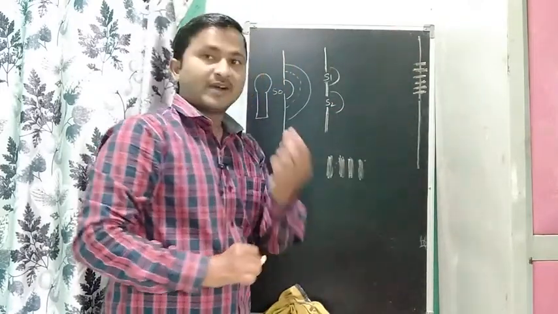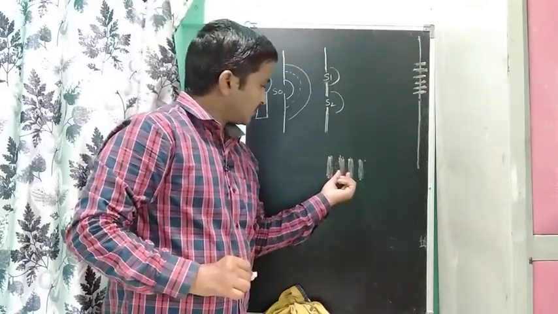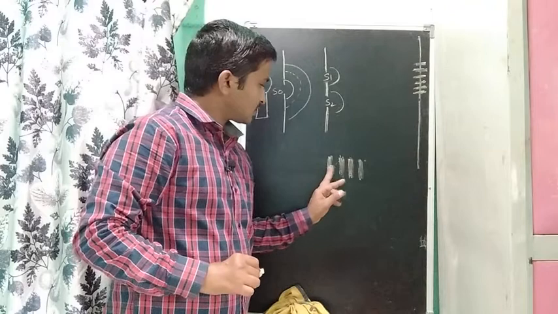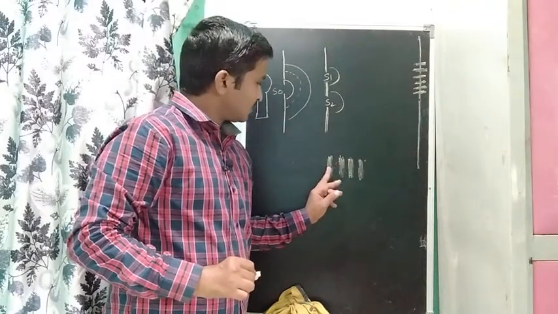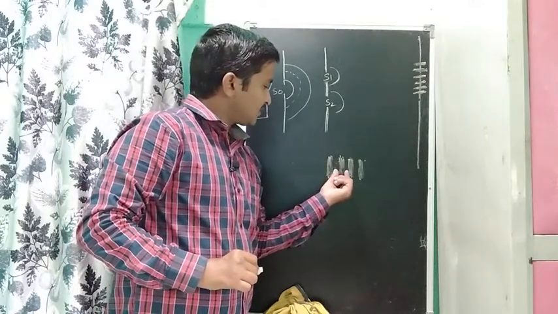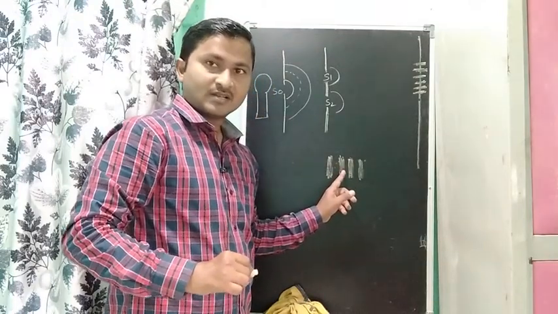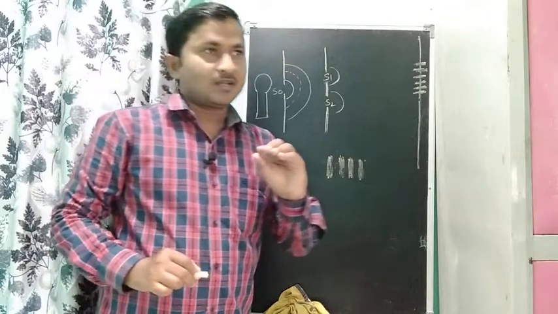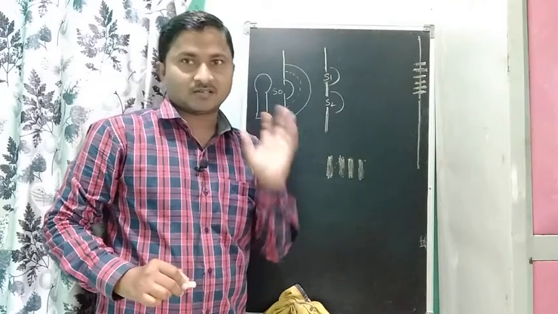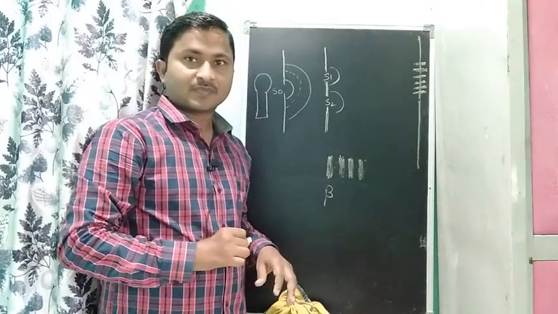Now we want to find the width of the bright fringe and the width of the dark fringe. The distance between two successive bright fringes gives the width of a dark fringe. Similarly, the distance between two successive dark fringes gives the width of a bright fringe. That distance between two successive bright or dark fringes is called fringe width, denoted with beta.